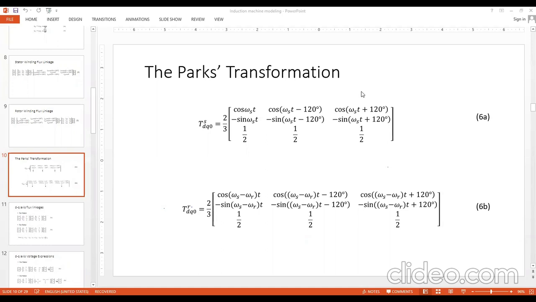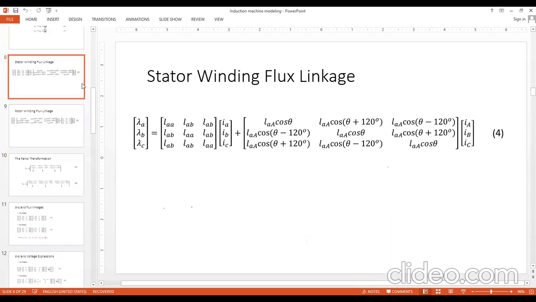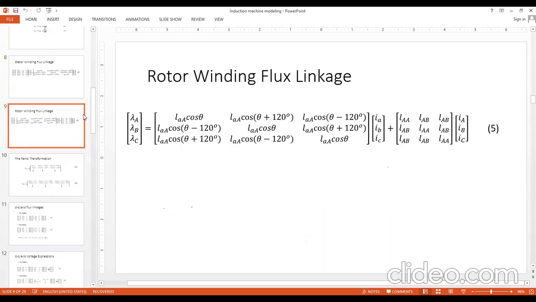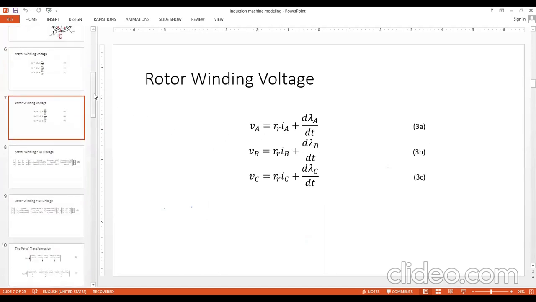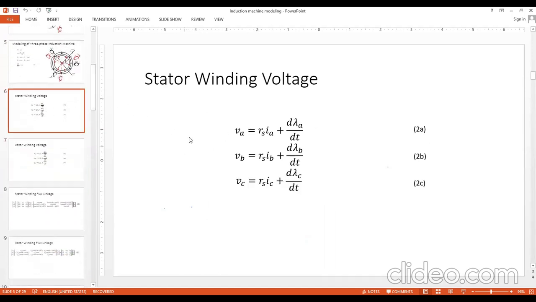So similarly here, we have already seen the stator winding flux linkage, that they are in the ABC frame. The rotor winding flux linkage, they are in the ABC frame. The rotor winding voltage expression is in the ABC frame, as well as the stator winding voltage expression.